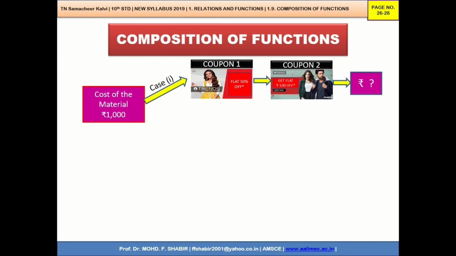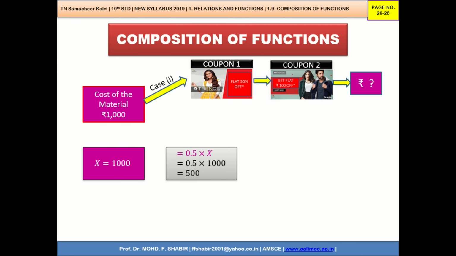Suppose the customer goes for case 1. He uses coupon 1 first, then coupon 2. So initial investment is 1000 rupees. He purchases cloth for rupees 1000. Then he uses coupon number 1, flat 50% off. Therefore, it is equal to 0.5 into x equal to 0.5 into 1000 rupees equal to 500.